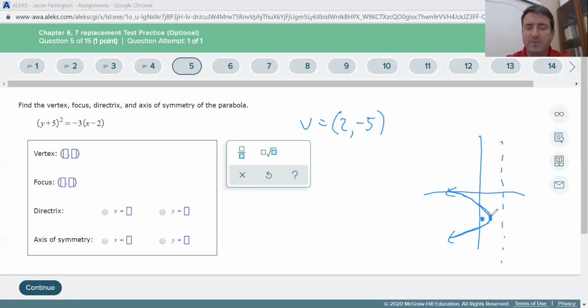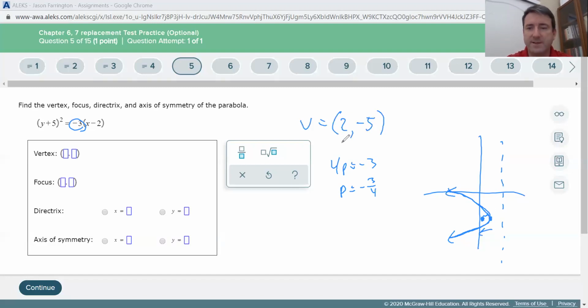All right, so to figure out where that focus is, we need to figure out what the p is. So remember that this is equal to 4p. So 4p is equal to -3. So p, if we divide both sides by 4, is equal to -3/4. So we need to move in this direction 3/4 from our vertex.